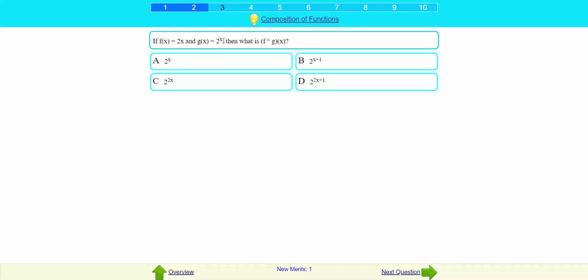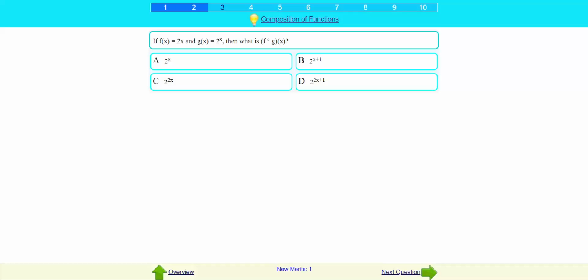So 2 to the power of x. So g of x first, the power of x, and then apply it to f. So 2 multiplied by 2 to the power of, no, you have g of x, that's like 2x, g of x.